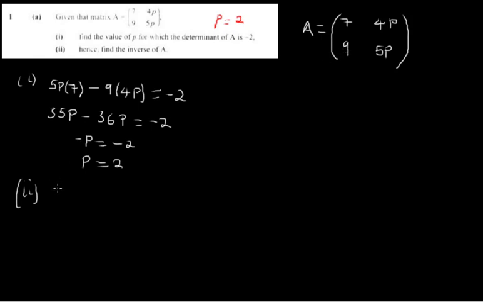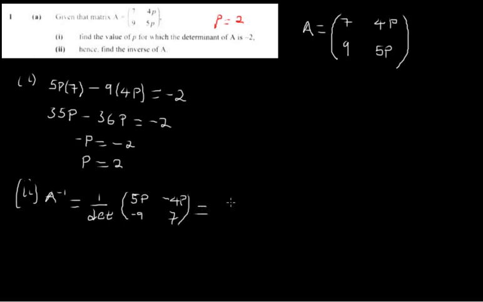So A inverse equals 1 over the determinant, multiplied by 7 and 5p swapped, the 4p gets a negative sign, the 9 gets a negative sign, and the 7 that was here comes down there.